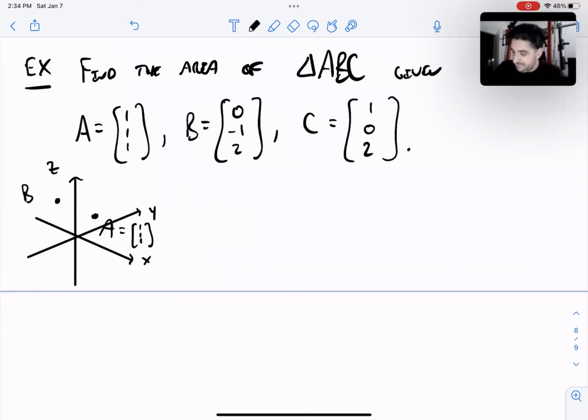I'm not drawing a super careful picture. I just want something to look at, but if you want to see this better, of course, you can type this into GeoGebra 3D or some computer algebra system, and it's going to look a lot better. C is 1, 0, 2, so C is like up here. So there we go. I have this little triangle, and I want to figure out what its area is. That's my goal.